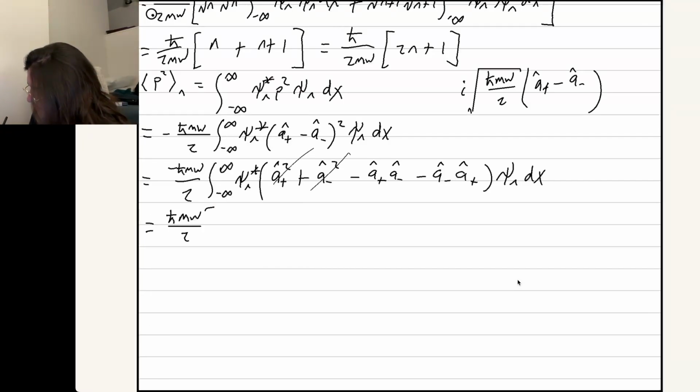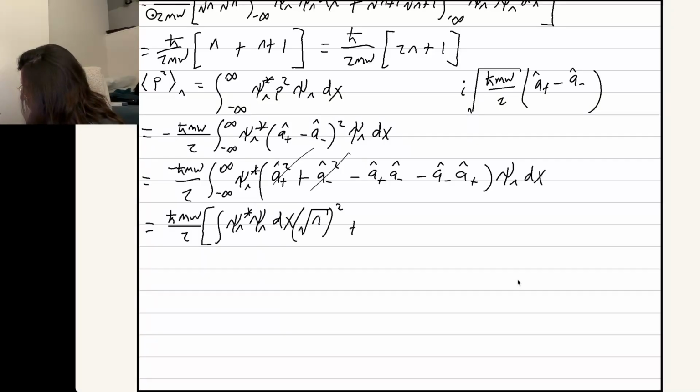We'll have the integral of psi n star psi n dx with a square root n squared. I think that is the third term in there. It doesn't really matter.